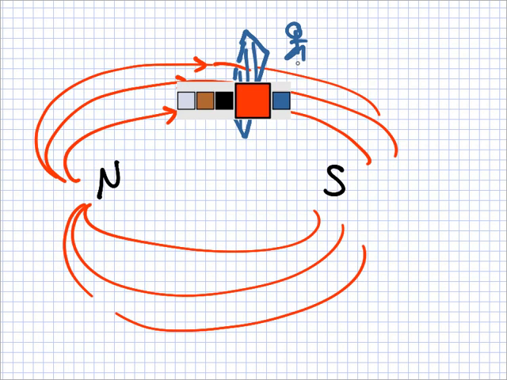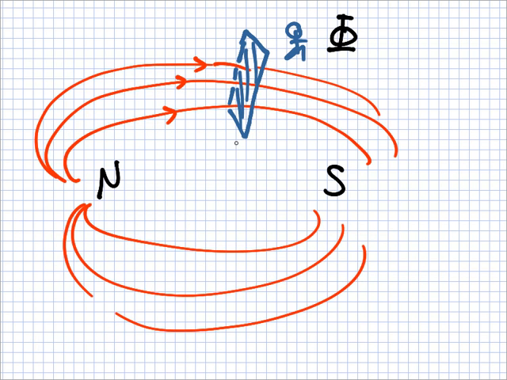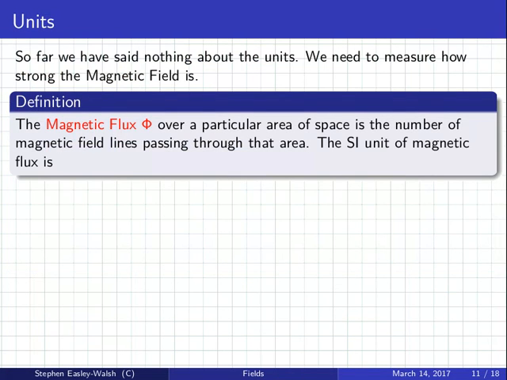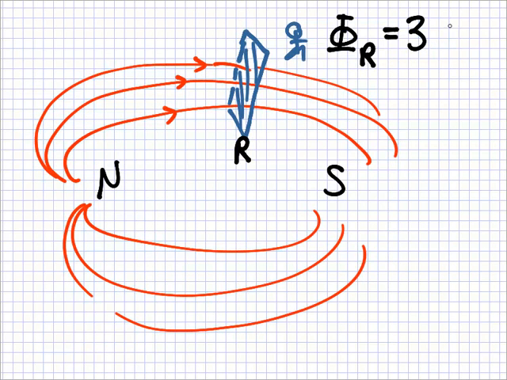So here I would say the magnetic flux for this part of space, let me just call this part R, would equal, in my picture here, 3. And the unit is called the Weber. So I say it's 3 Wb.